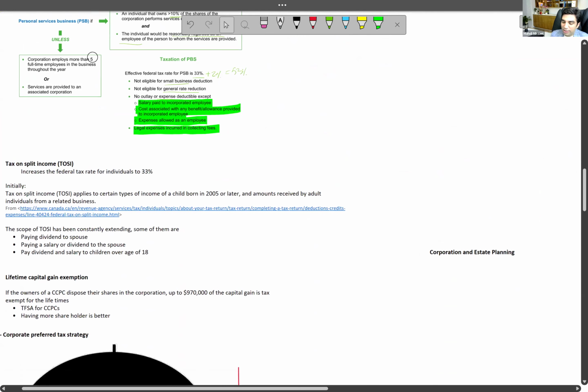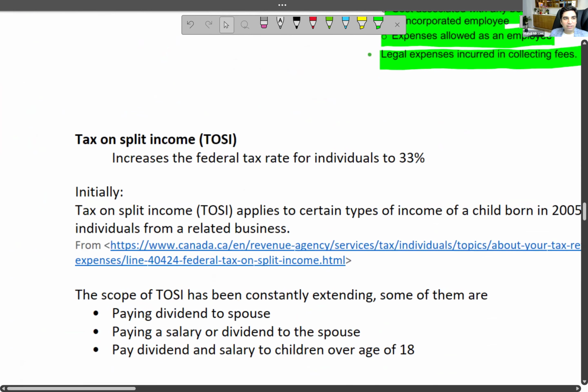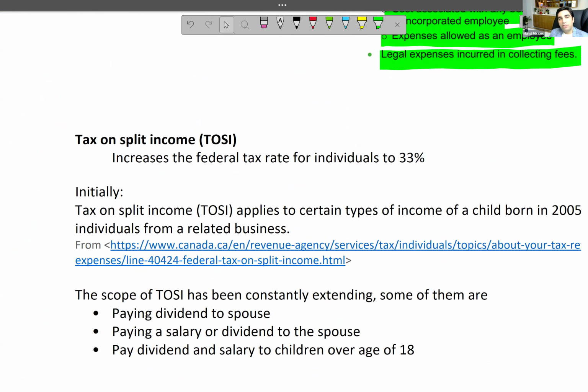So the other great idea that comes to people's minds is that okay, I cannot incorporate my employment. I have a business and I have incorporated that one. But I have a child. My child doesn't work, so his income is pretty low.